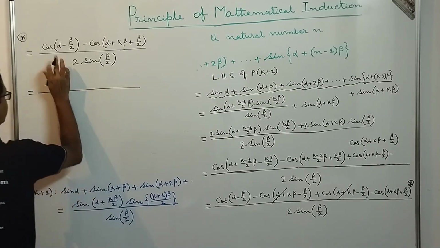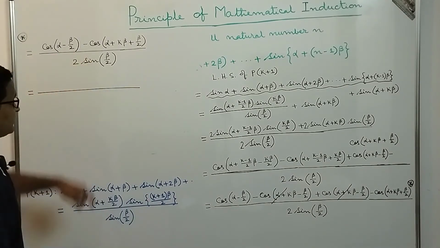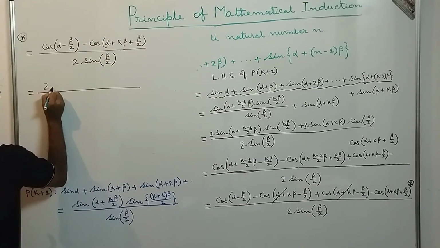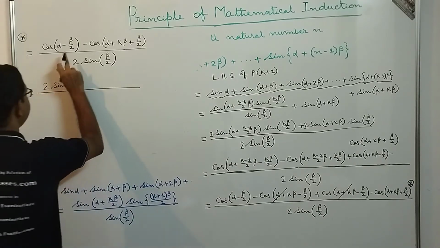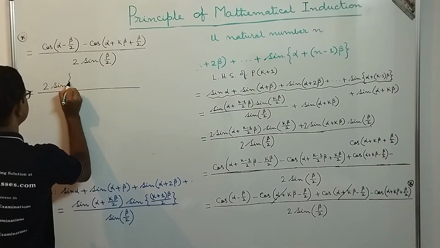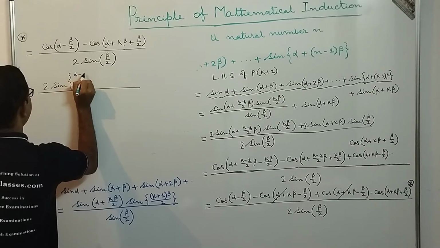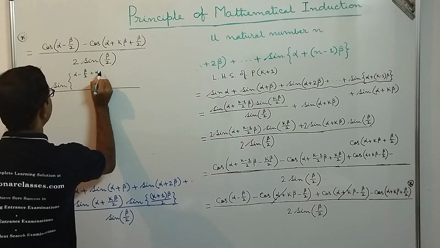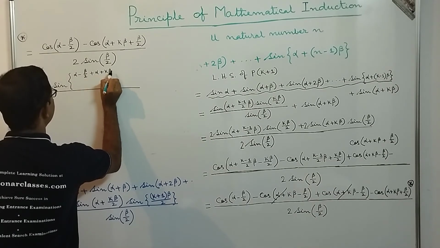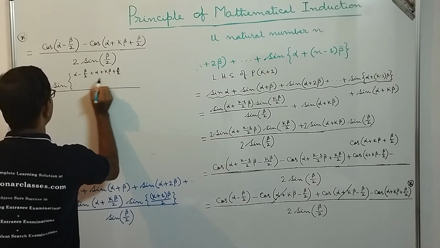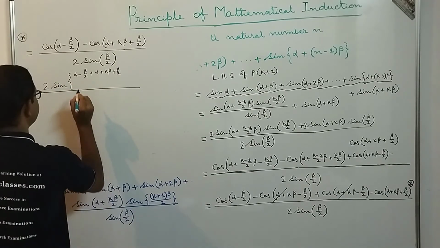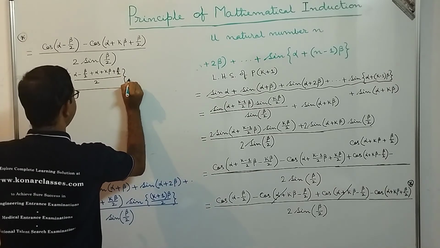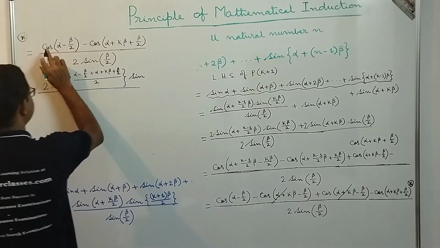So that is equal to, if you remember this as cos c minus cos d, that means 2 sine of c plus d by 2. That means alpha minus beta by 2 plus alpha plus k beta plus beta by 2, divided by 2, into sine d minus c by 2.